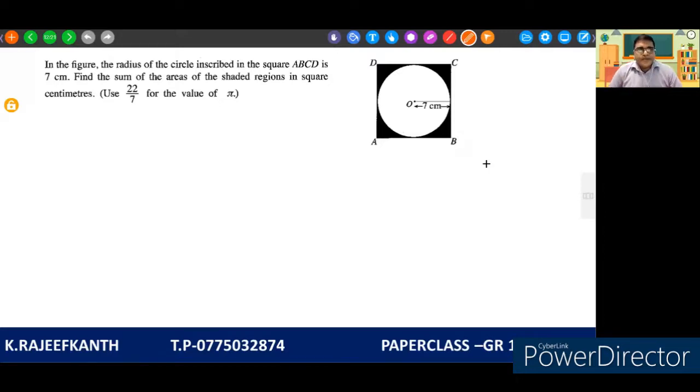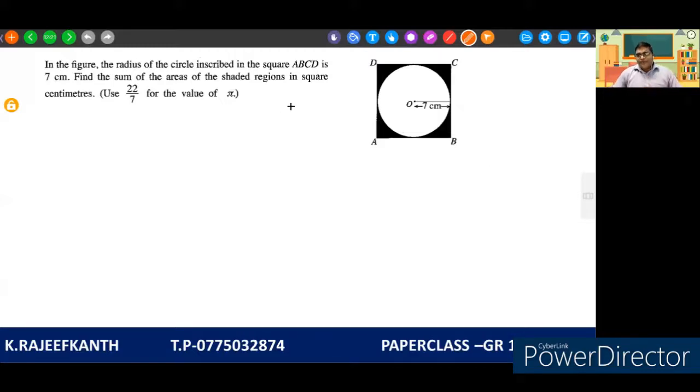Here they have given the radius of the circle, that is 7 centimeter.